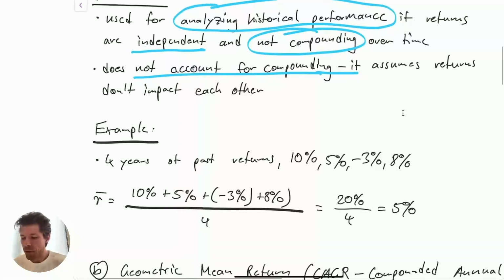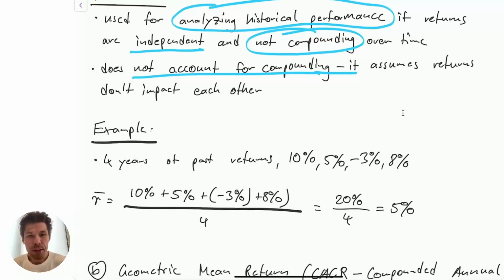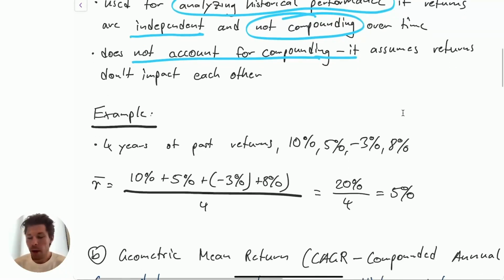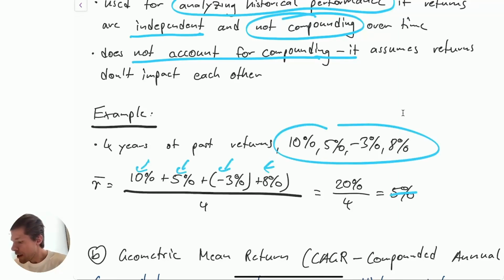But here, if we assume we can use the arithmetic formula, we would take every single return divided by the number of returns, 4, and it would give us 5%. Meaning, in this case, the stock has returned 5% per year on average, but ignores compounding. It's not ideal for long-term performance measurement because we are ignoring compounding.